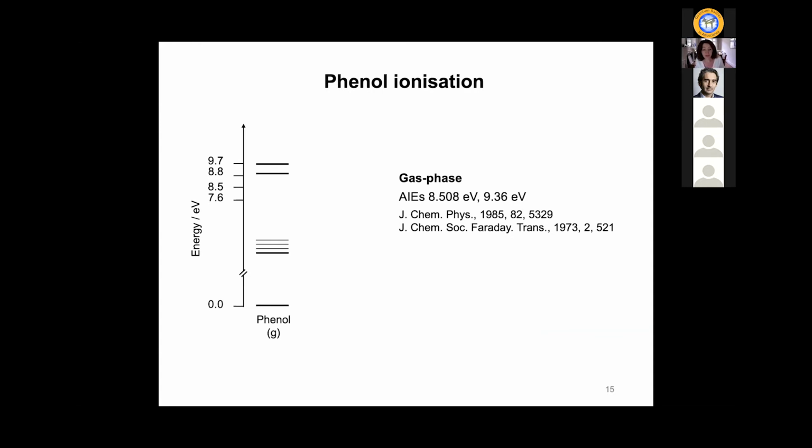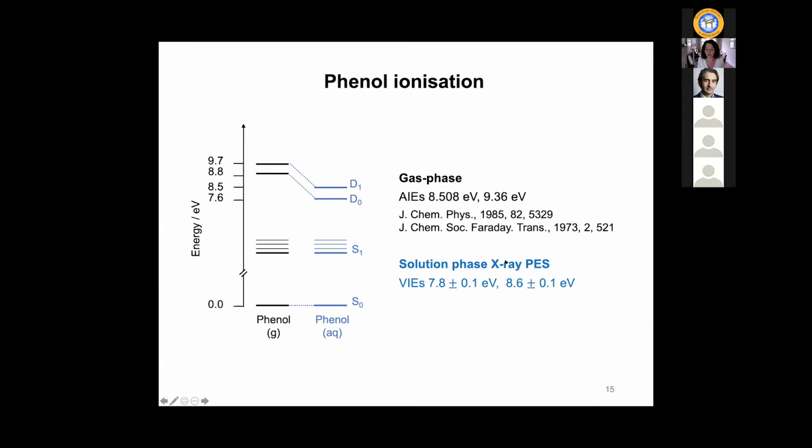Phenol has also been studied in terms of its ionization. In the gas phase, the ionization energies are very well known, and X-ray photoelectron spectra have determined that the ionization energies are lowered by about 0.8 eV when in aqueous solution.